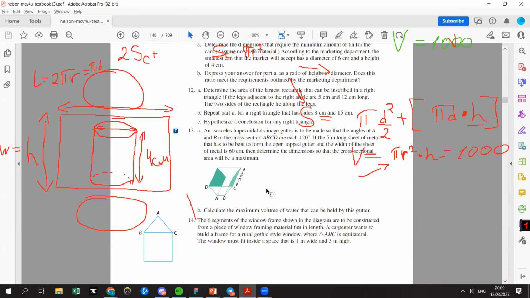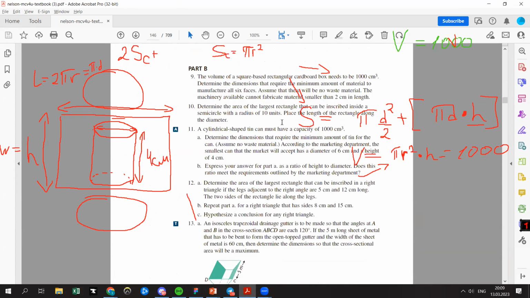So, it says that we'll accept diameter 6 and height of 4. It's the smallest. So what it means is that the diameter for us could be greater than or equal to 6, while height could be greater or equal to 4 centimeters.